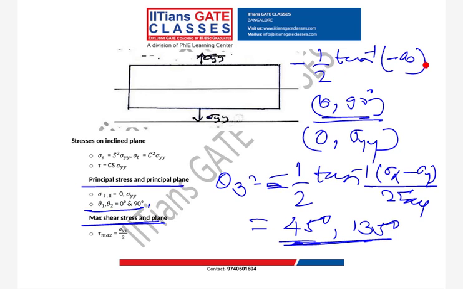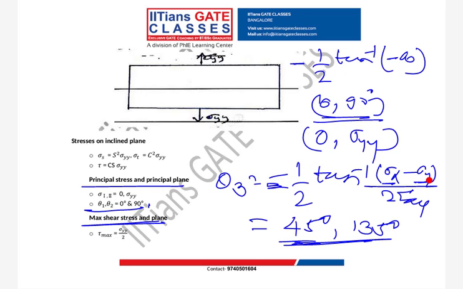So why is it minus infinity? It is not something upon infinity. It is minus something upon 0. You can see sigma x comes first, then sigma y comes. Here sigma x is 0, right?